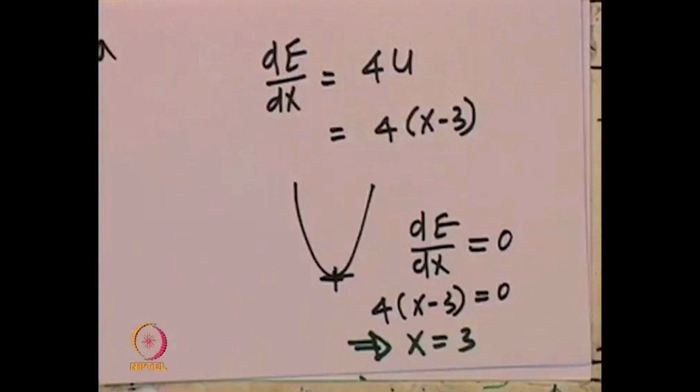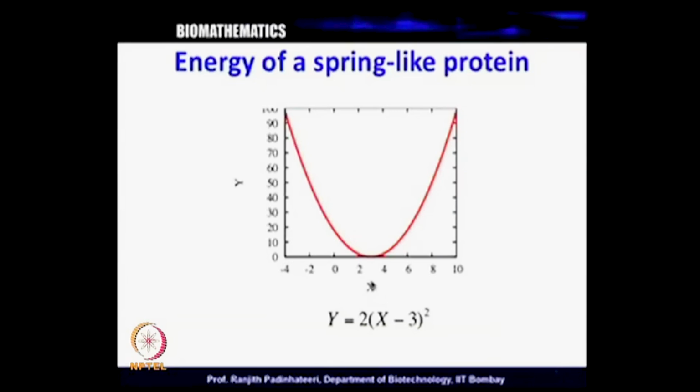Now let us look at this plot once more. Look at this point. It is between 2 and 4, this is actually 3. So we just found that if you calculate the derivative and equate that to 0, we got 3, and exactly at 3 you have the minimum of this function.